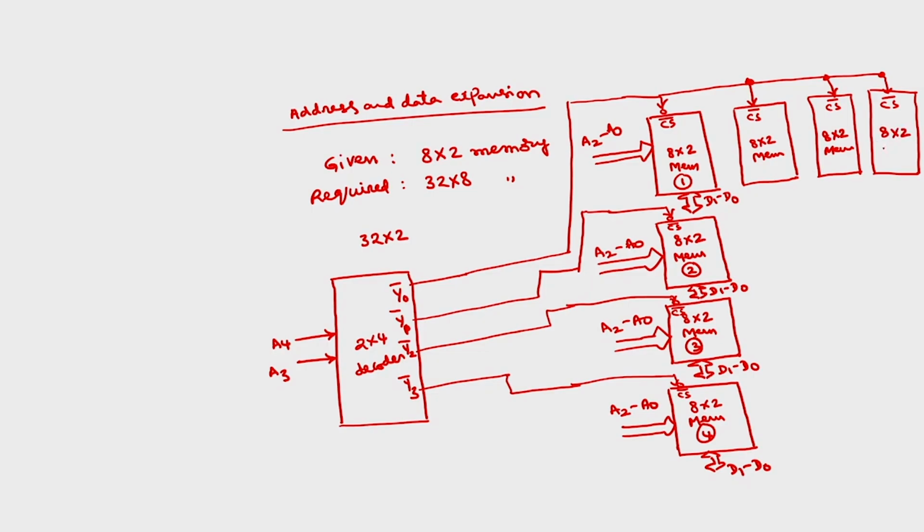Only chip select is different and data is different. And this will give 2 bits of the information, D3 to D2, and this will give D5 to D4. This will give D7 to D6.